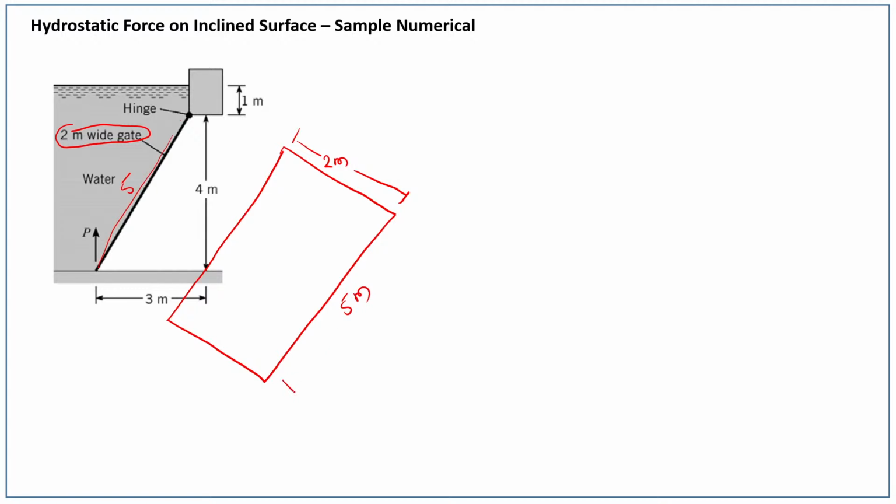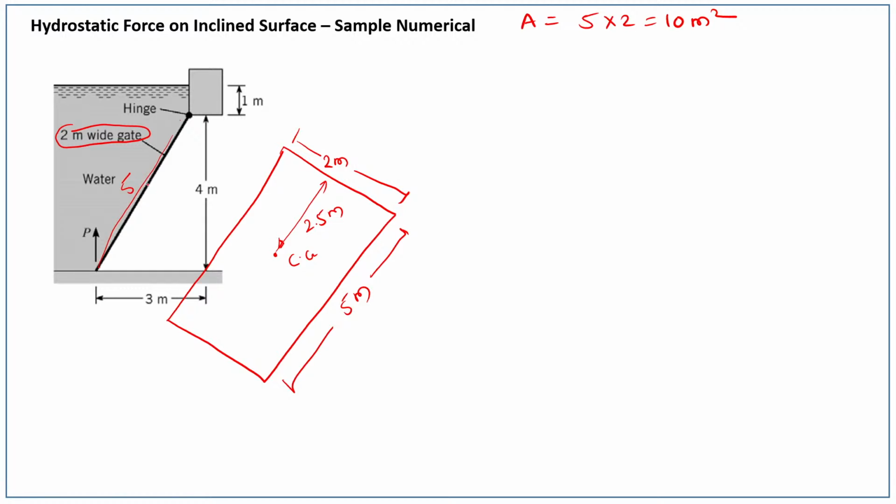By using this, you can find the area of this plate, which is 5 into 2, so it is 10 meters square. Then we need the x bar. So CG is somewhere here, and this distance will be 2.5 meter.